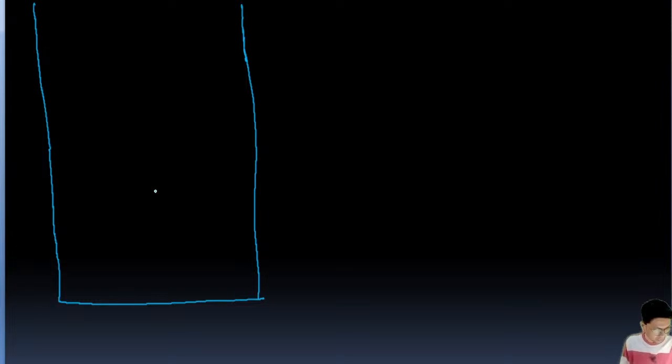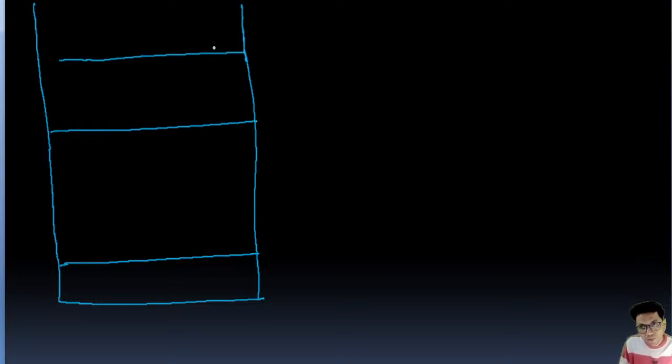These are straight lines, guys. x equal to 0 and x equal to a.